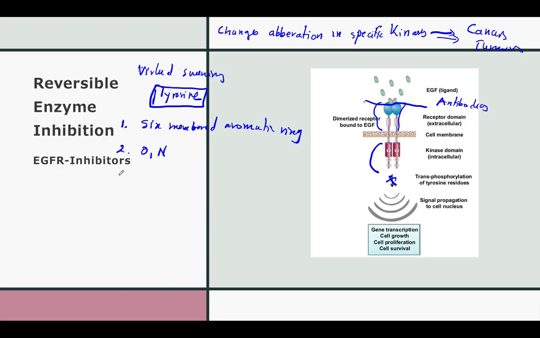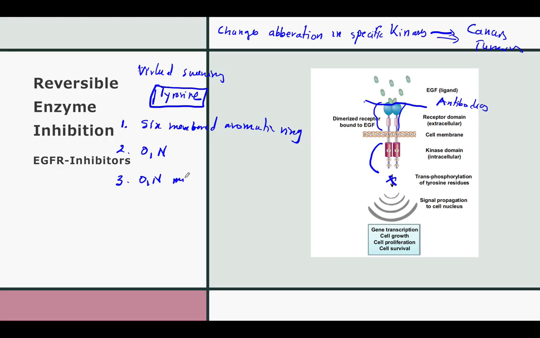Okay, and one of the considerations that they added, it had to have an oxygen or a nitrogen at a suitable distance from the hydroxyl group to mimic at least two of the non-bridging oxygens of the triphosphate of ATP.